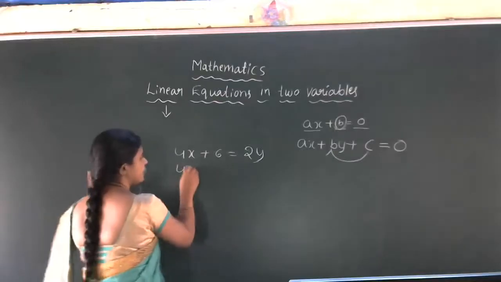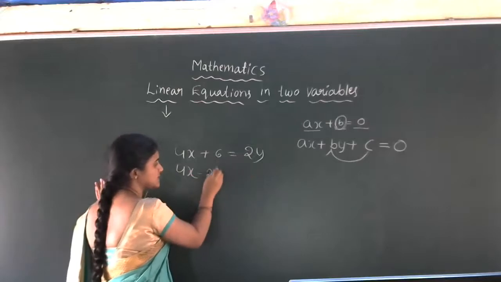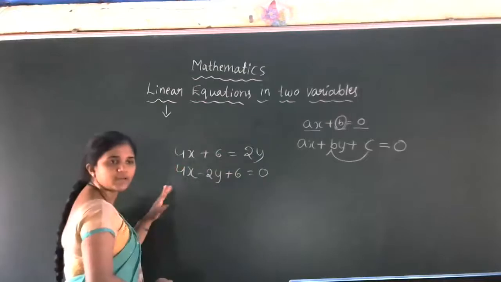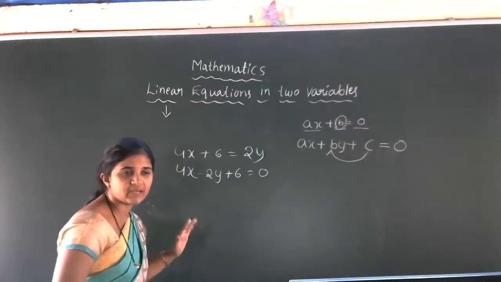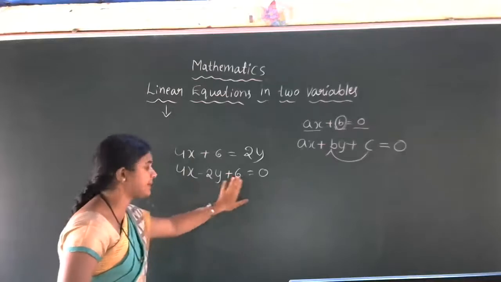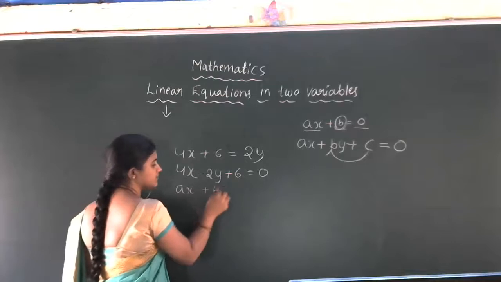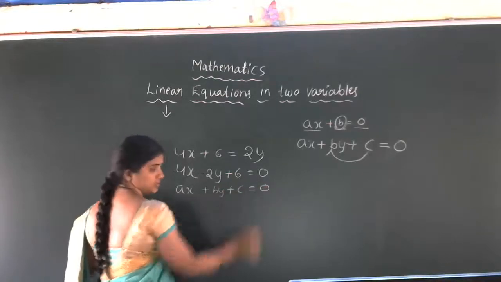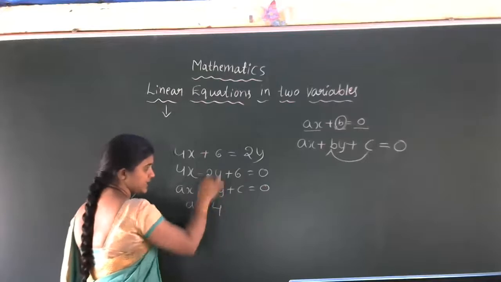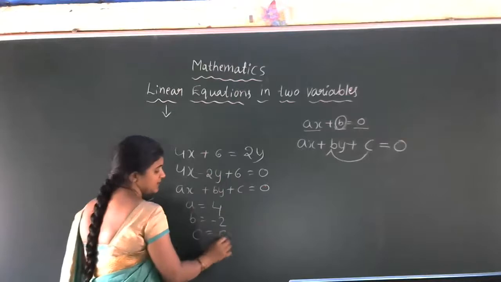So that is 4x, next we take 2y first, minus 2y, then plus 6 is equal to 0. 4x minus 2y plus 6 is equal to 0. Now the equation is in the form ax plus by plus c is equal to 0, where the a value is 4, the b value is minus 2, the c value is 6.